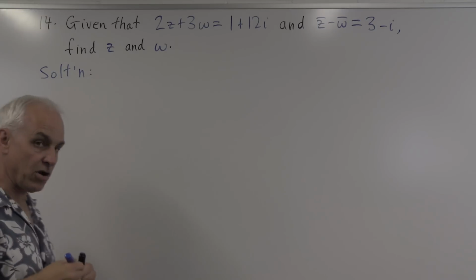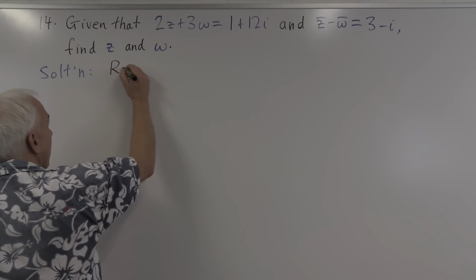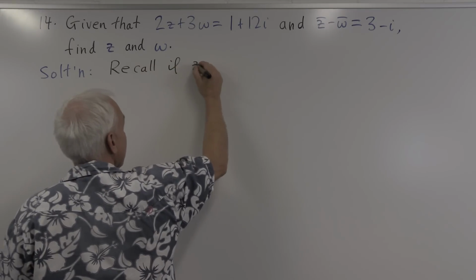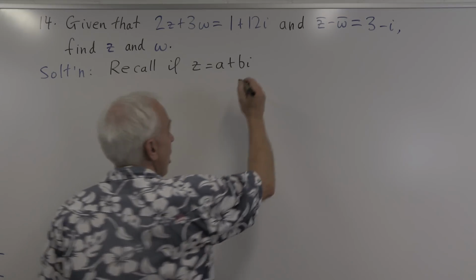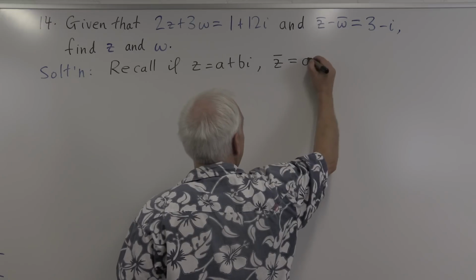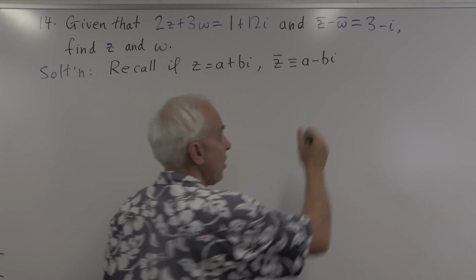So first, let me recall that if z equals a plus bi, then its complex conjugate, z bar, is a minus bi. That's the definition of z bar, called the complex conjugate.